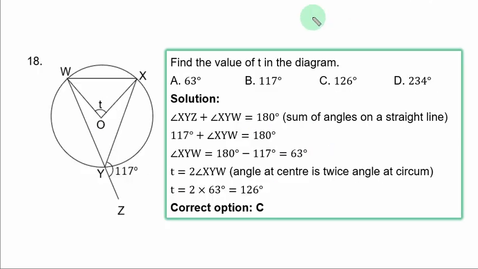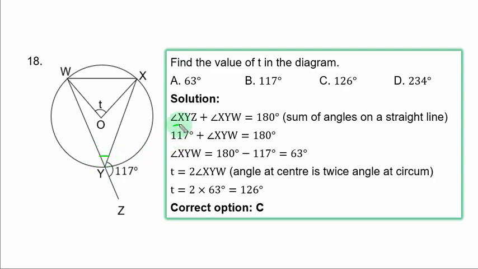Question 18. Find the value of T in the diagram. T is angle at center and is always equal to twice angle at circumference. So we get this angle with the help of 117, angles on a straight line.